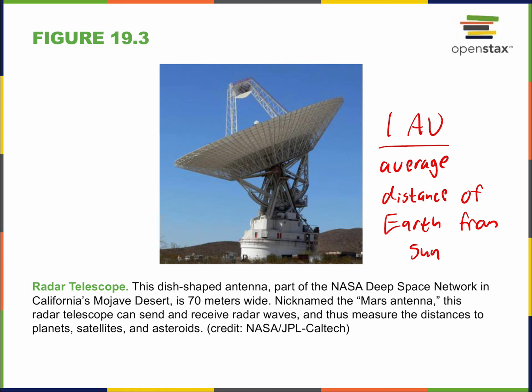This is an example of a radar telescope that is used to send a very concentrated radio wave, like the radio waves that are used for FM and AM radio, out into space, right through Earth's atmosphere, bounce it off of a planet, or a moon, or a comet, or an asteroid, and then detect the faint signal that returns to Earth, hence the huge dish here.